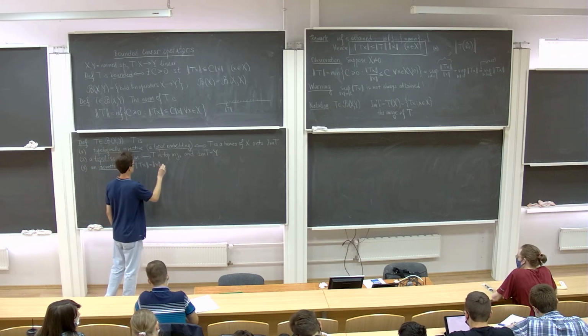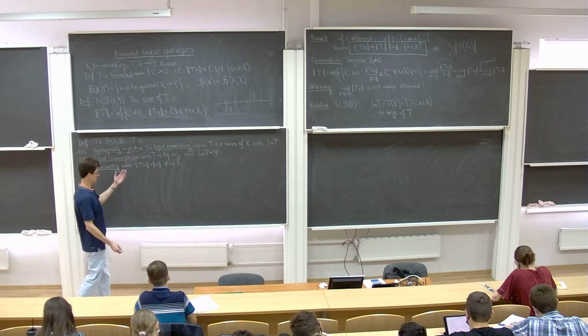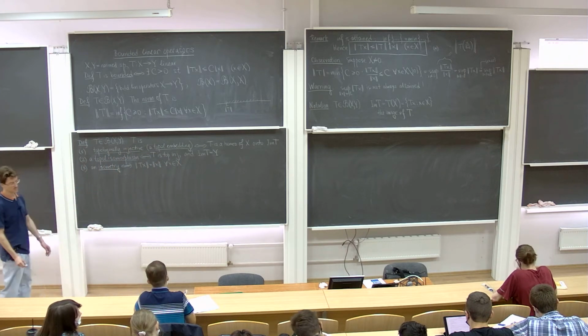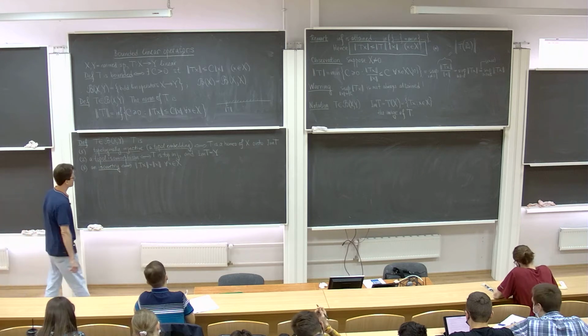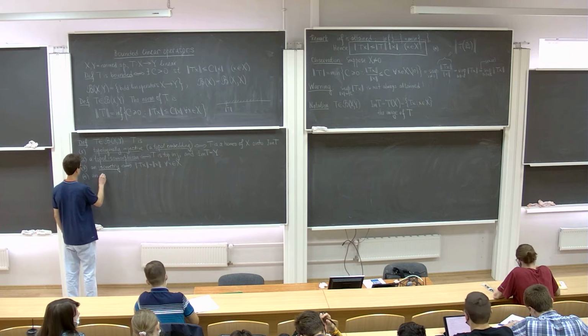The norm of T of x equals the norm of x. Equivalently, this means that T preserves the metric. And finally, we say that T is an isometric isomorphism.